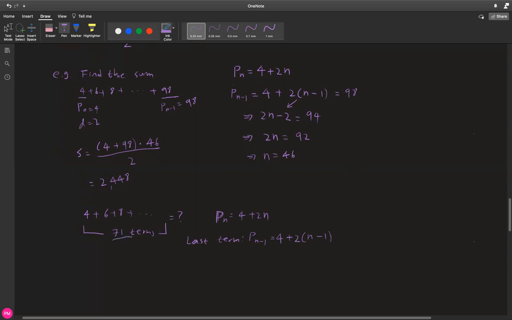And since we know that there are 71 terms, n is 71. To find the last term here, we simply plug in the 71 for n, and we find p sub 70, which in this case, the last term, is 4 plus 2 multiplied by 70, because 71 minus 1 is 70. And that's going to be 144.